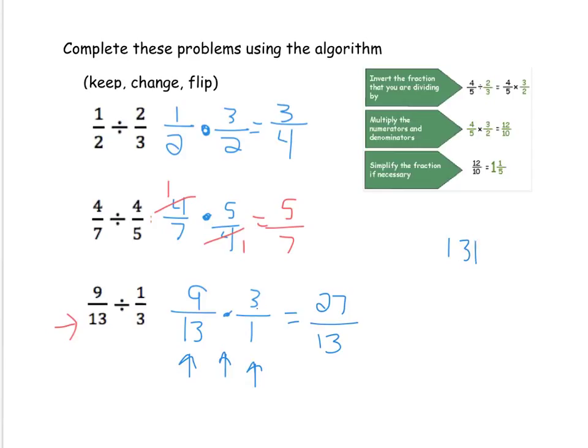So 13 goes into 27 2 times. 13 plus 13 is 26. And then I subtract. So this is my whole number, this is my new numerator, and this is still my denominator. So 2 and 1/13.